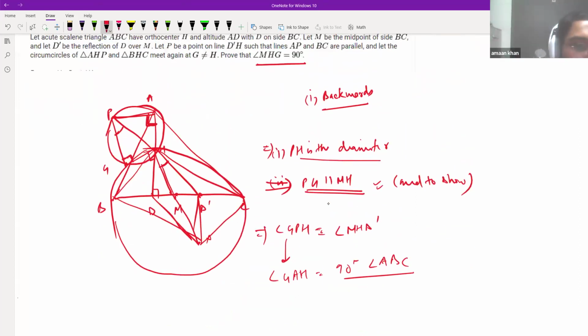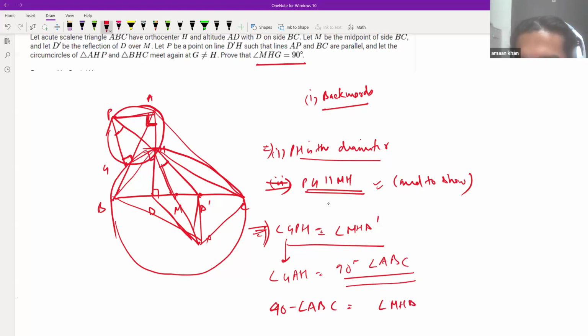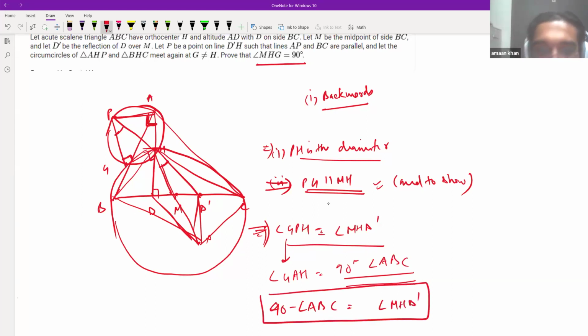So what he said was we need to show GPH is MHD', right? Because we are trying to work backwards. So GPH is MHD' and GPH is equal to GAH, which is equal to 90 minus ABC. So what we need to show is that 90 minus angle ABC is equal to angle MHD'. In this way, you have basically eliminated P and G completely from the picture.